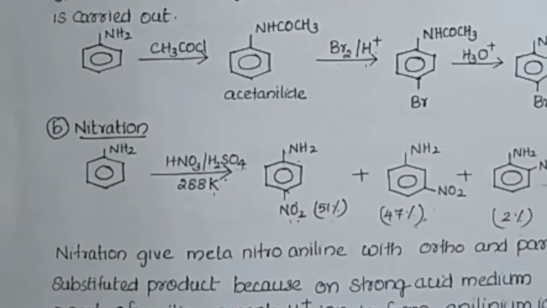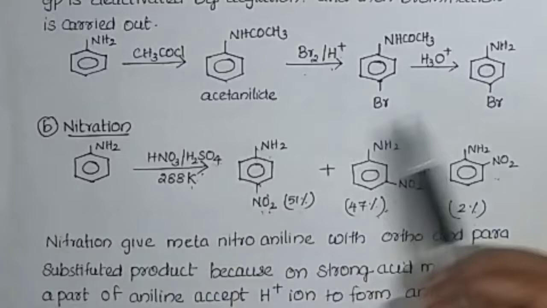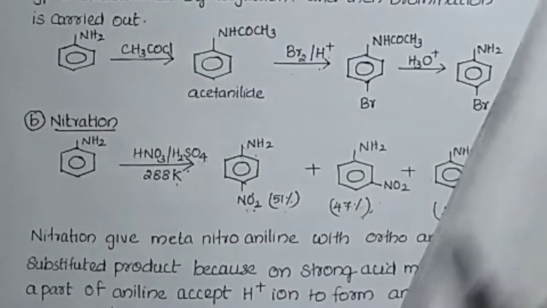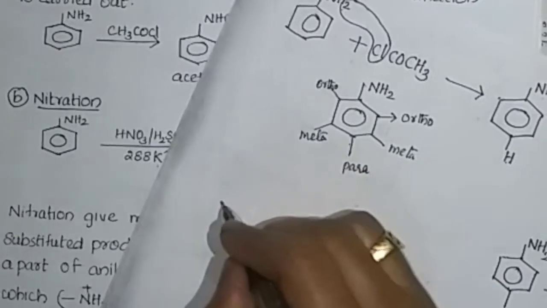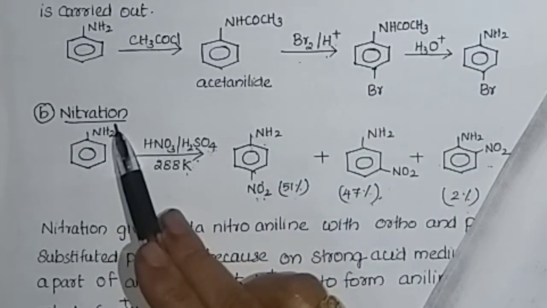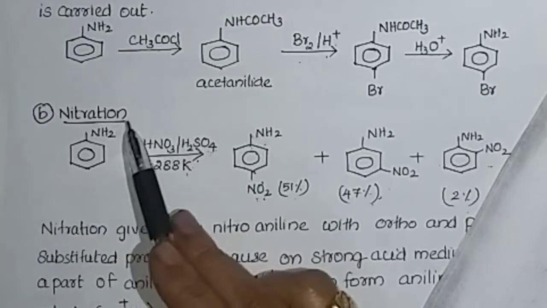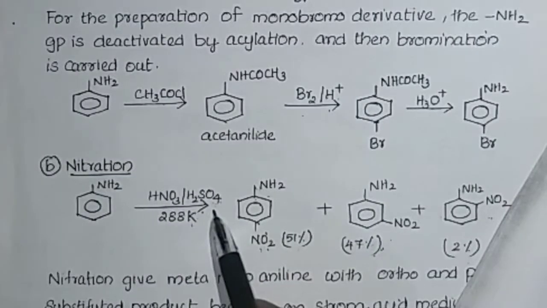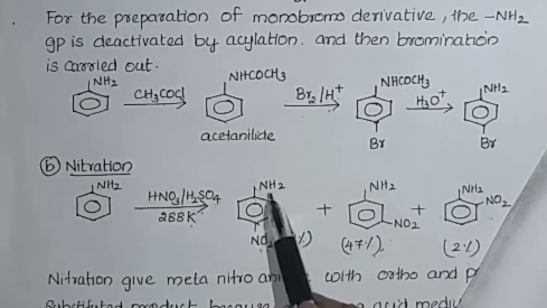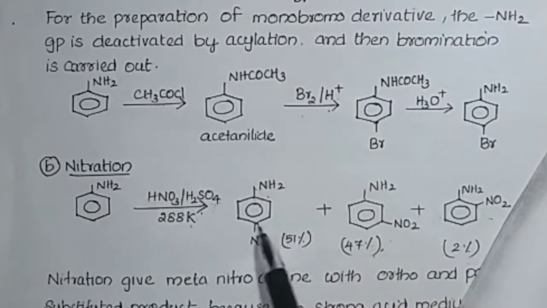The next reaction is nitration. Nitration means adding concentrated nitric acid and sulfuric acid, then the NO2 group is substituted in the benzene ring. The NH2 group is an ortho and para directing group. On adding nitric acid and sulfuric acid, the NO2 group comes from this mixture and is substituted on the ortho and para positions.